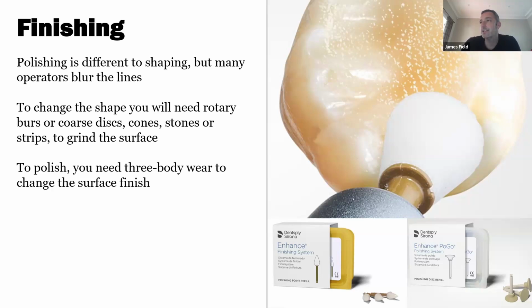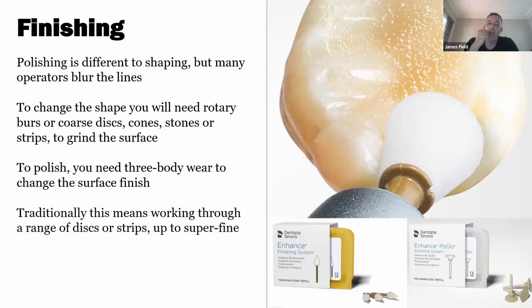And typically, historically, this was often done with pastes. But the Enhance system from Dentsply Sirona is a fairly useful system, because in the past that's meant working through a range of discs or strips from coarse all the way up to super fine. But what the Enhance system allows is for you to finish in one step.